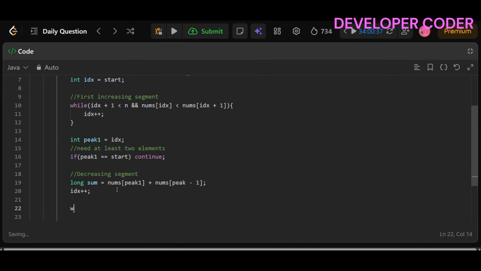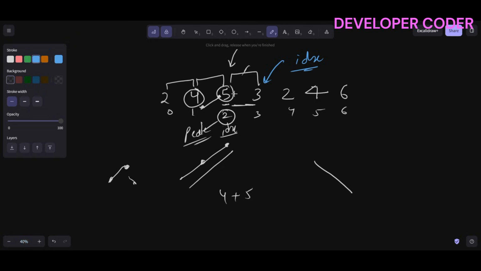Now again I will run one loop while idx is less than n and nums of the previous value idx minus 1, so 5 and 3 I'm going to compare now. So 5 should be greater than this 3.